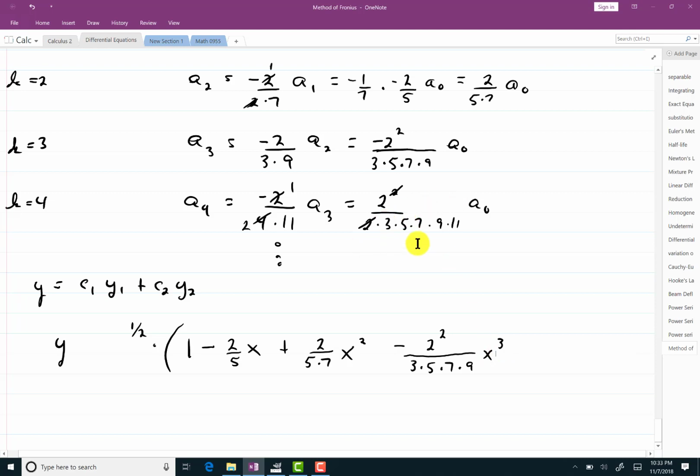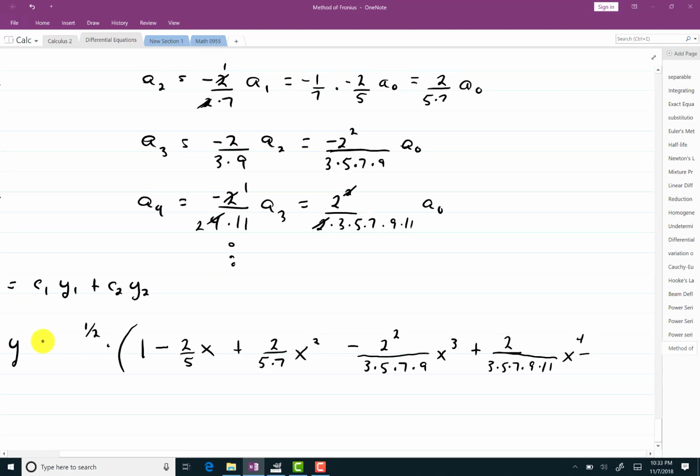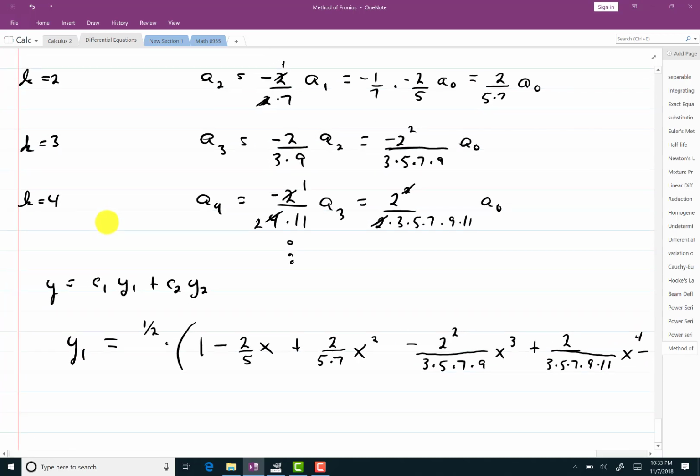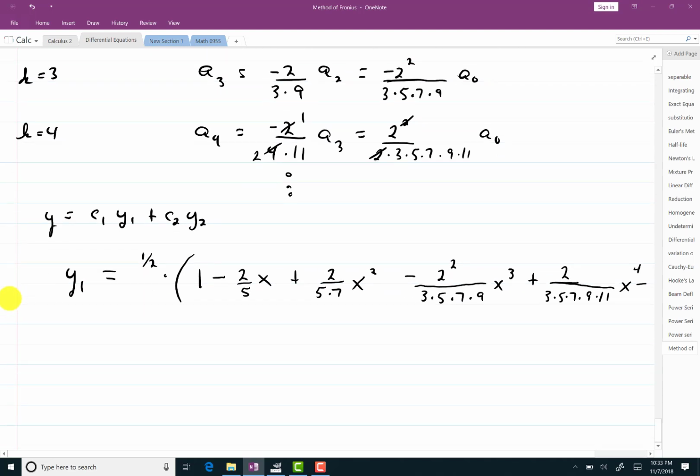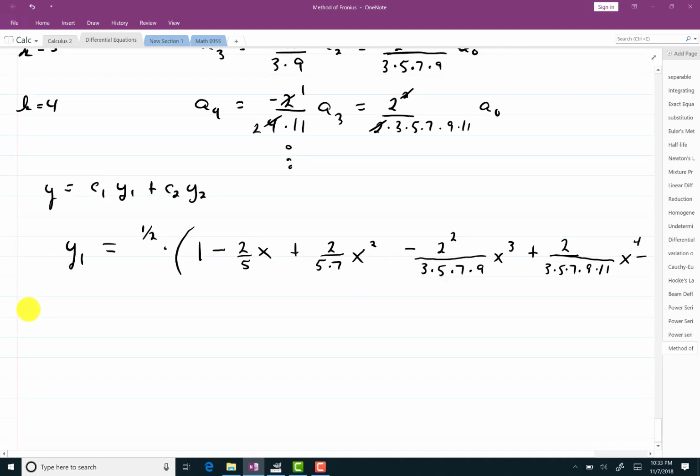And then finally, we have plus 2 over 3 times 5 times 7 times 9 times 11, x to the 4th minus, and that goes on forever. So there goes our y sub 1. That's half the answer. Now to find y sub 2.